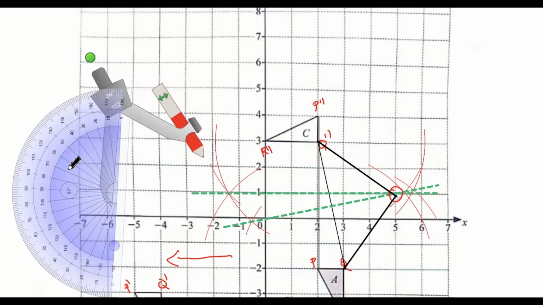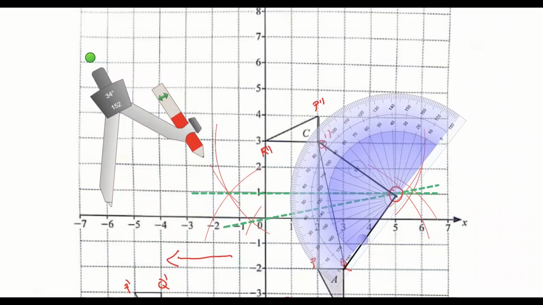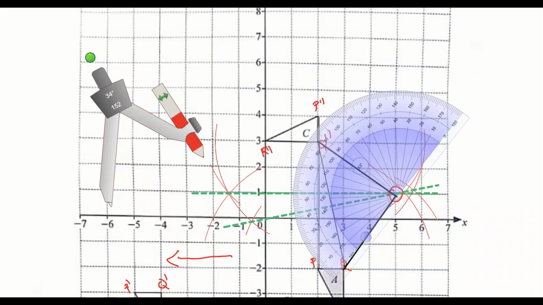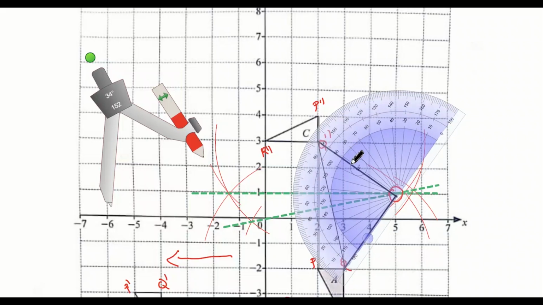You take a protractor, put the center of the protractor on the center of rotation, and set it very well. Then you put 0 on point Q. You see that it moves from point Q towards this direction up to 90 degrees. So that is 90 degrees clockwise.